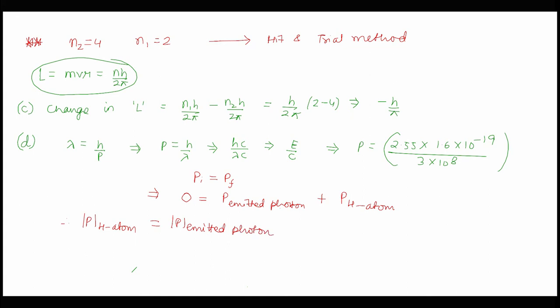If I use this expression, I can write the momentum of the hydrogen atom as mass times velocity, and we can equate it with the value of momentum which we obtained, that is 2.55 into 1.6 into 10 to the power minus 19 upon 3 into 10 to the power 8.